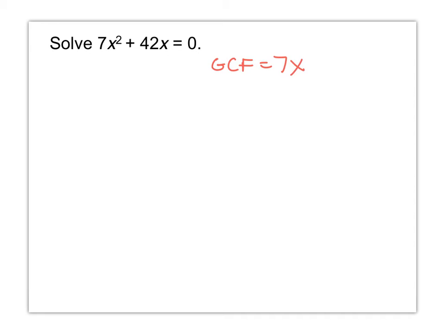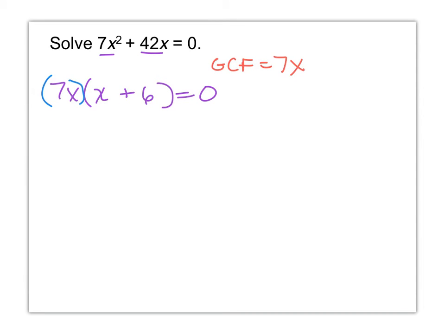So you can factor out that common factor of 7x, and when you're factoring out the 7x from both of those terms, you're dividing out, and the other factor is going to be x plus 6. So we do have two factors here. The first factor is 7x, a monomial, and our second factor is the binomial x plus 6.